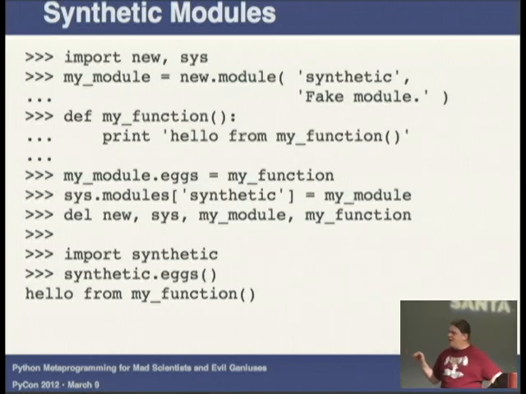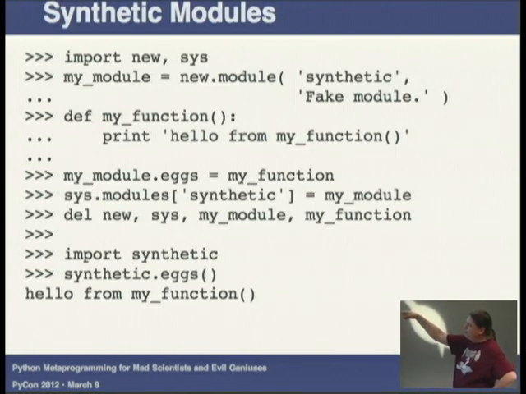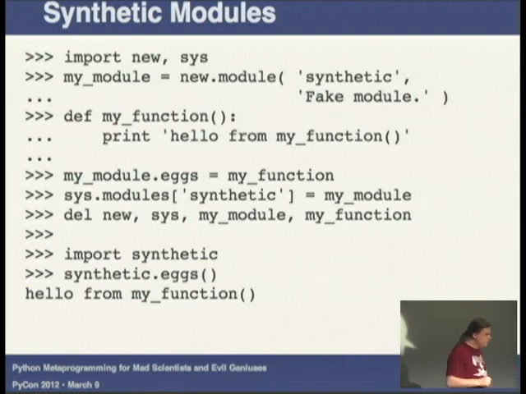And so the point is, anywhere else in code, after you've done that, sys.modules synthetic equals my module, any other time in Python, some other totally different file, if it does import synthetic, it's going to see the module that you just stuck in there. And there's nothing to stop you from sticking in a synthetic module before a real module loads, or just replacing a real module that was already there. More on that later.